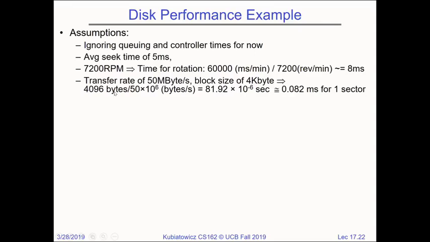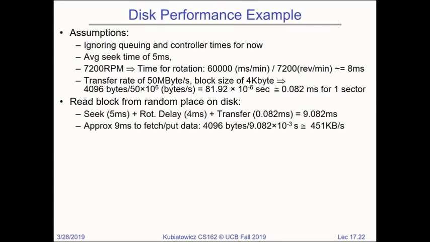You could say, oh, look, 4,096 bytes divided by 5 times 10 to the 6 bytes per second gives me about 81.92 microseconds or 0.082 milliseconds for one sector. Okay? I'm just giving you some ideas of orders of magnitude. We're being computer astronomers right now, right?